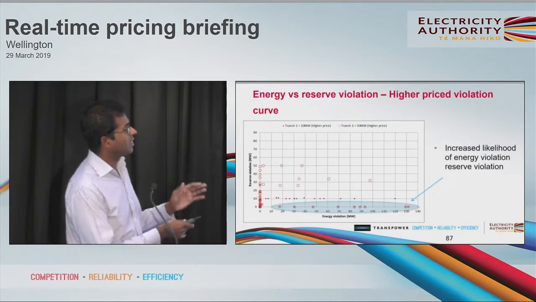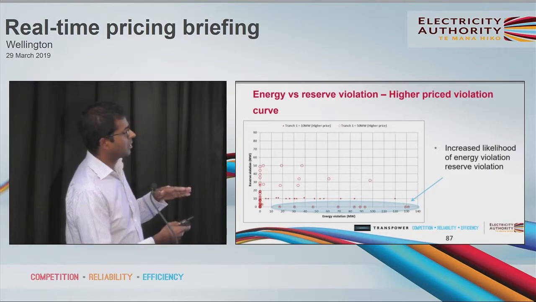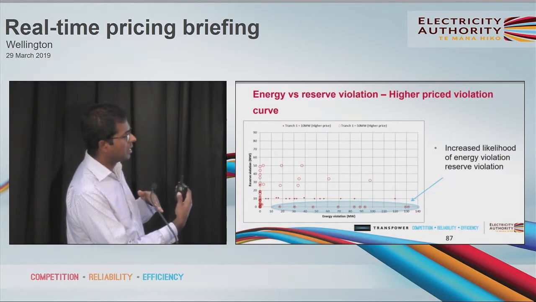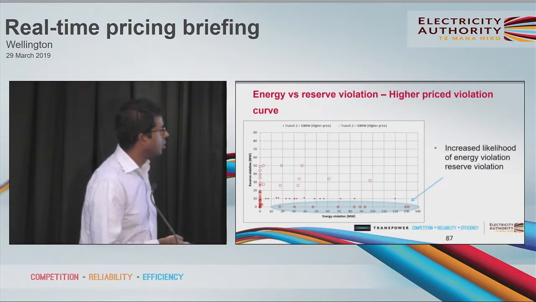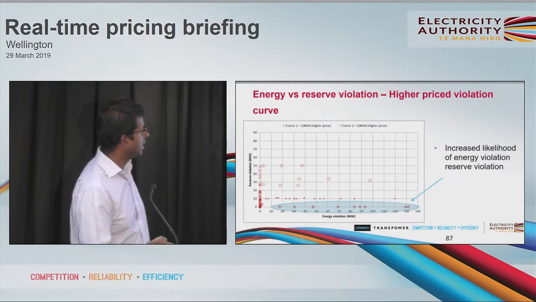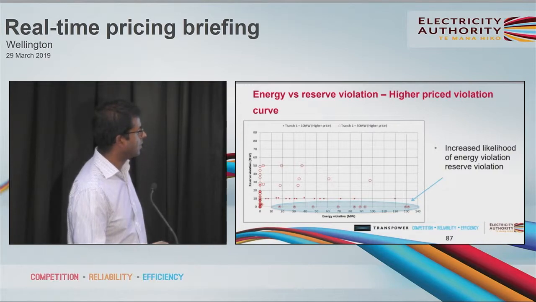Now, what happens if we make the prices a lot closer together? This is when the reserve violation curve moves closer to the energy violation, so there's not much of a gap between them. When this happens, we start increasing the likelihood of having energy violation before we even get to reserve violation.